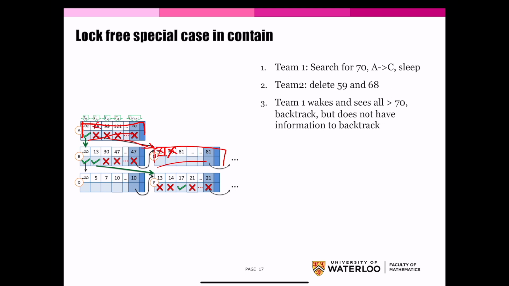Team 1 wakes and sees all values in chunk C are greater than 17. We want to do a backtrack, but there's no information to backtrack because it cannot go back to the previous chunk. So we need to restart team 1's search.